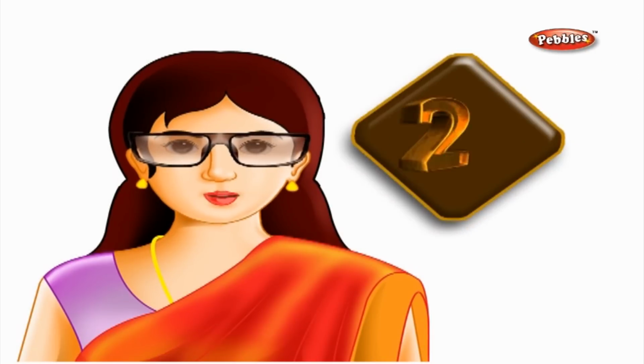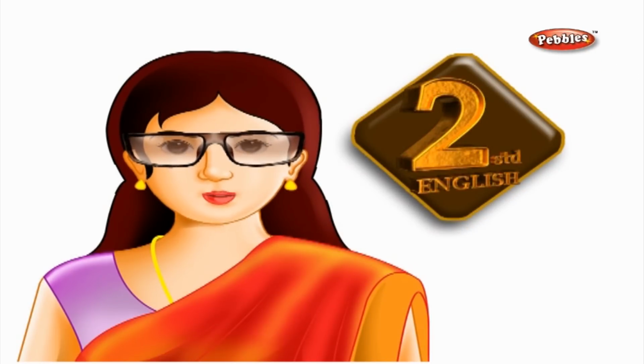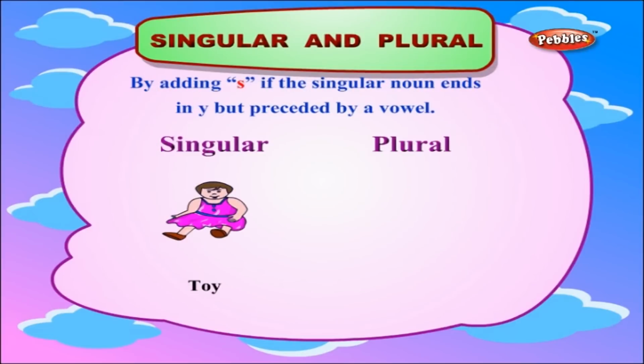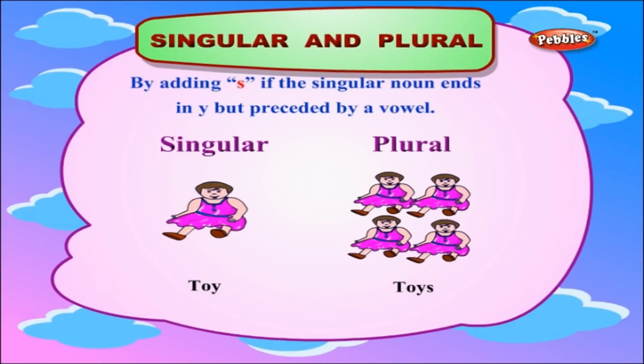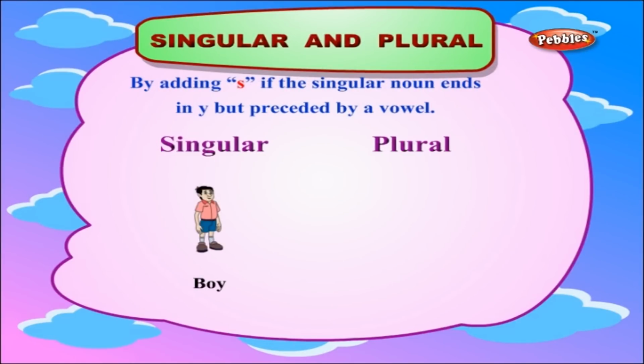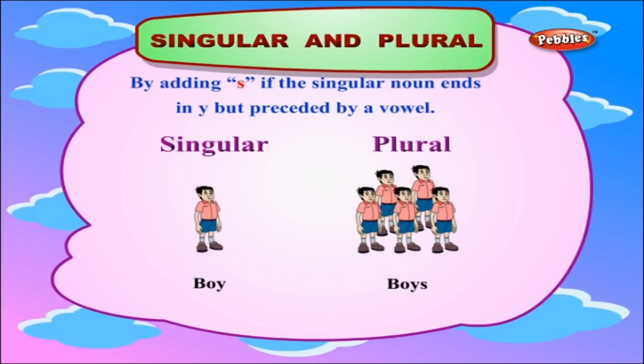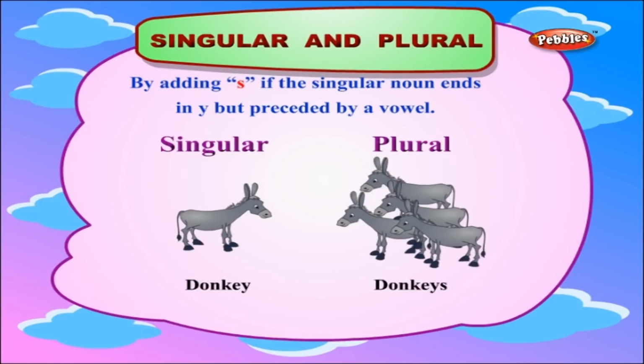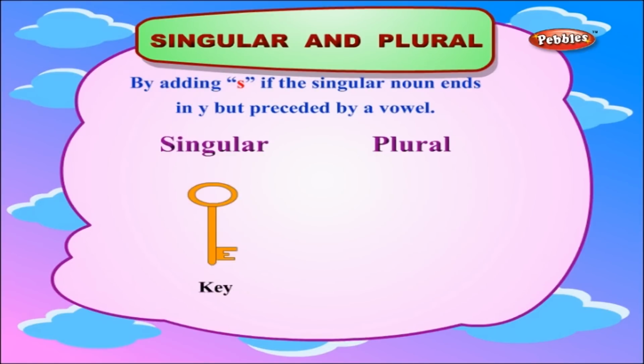By adding s if the singular noun ends in y but is preceded by a vowel. Examples: toy, toys; boy, boys; monkey, monkeys; donkey, donkeys; key, keys.